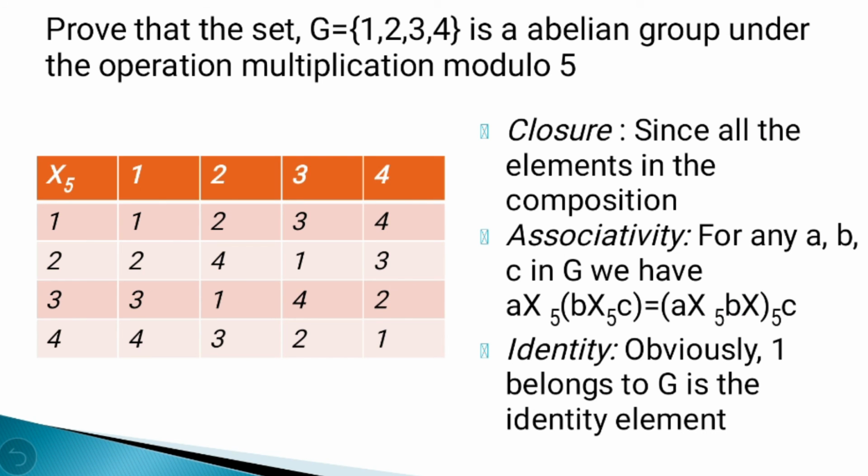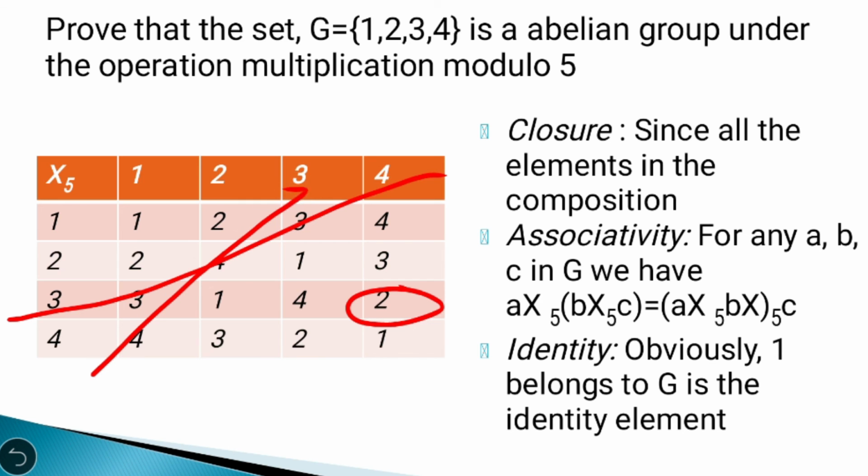Suppose we check the operation 3, 4, the entry is 2, and if we check 4, 3, the entry is also 2. That means it is commutative under this multiplication modulo operation.